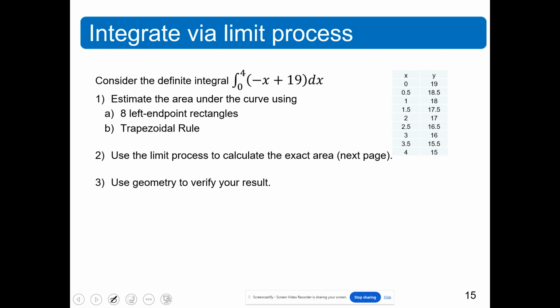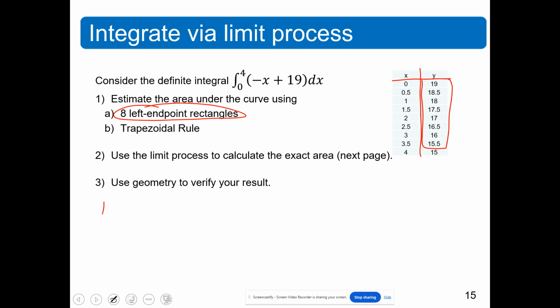This slide here is going to use this table, this example. And we can estimate the area under that curve using left rectangles, which means we're going to use these first numbers, not the x values, but the y values. So we're going to use the first ones, that'd be these guys right here.